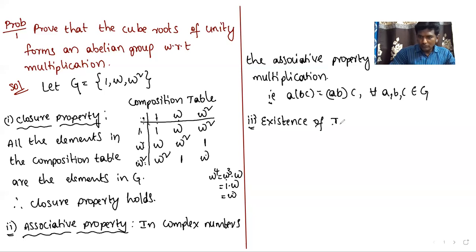And the third property, existence of identity. What is the meaning of existence of identity?